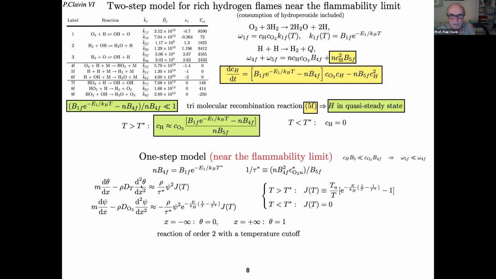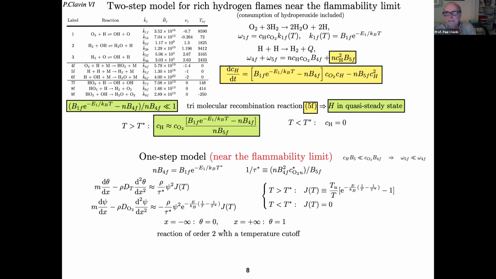where this is the reduced temperature. When the temperature is above T star, this reduced growth rate, G(T), is a function of T. You recognize here the bracket, and this is the last one here. So you have this, and below the crossover temperature, you have G equals 0.